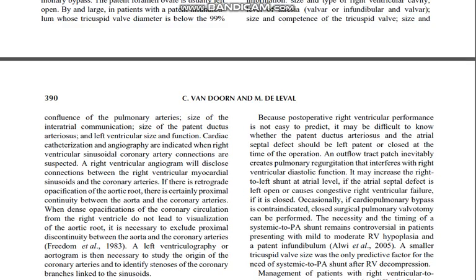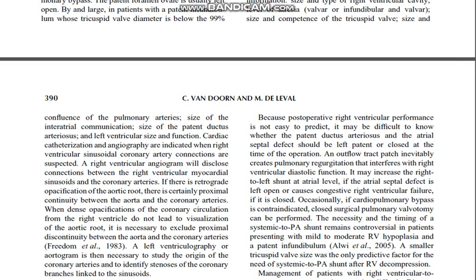Cardiac catheterization and angiography are indicated when right ventricular sinusoidal coronary artery connections are suspected. A right ventricular angiogram will disclose connections between the right ventricular myocardial sinusoids and the coronary arteries. If there is retrograde opacification of the aortic root, there is certainly proximal continuity between the aorta and the coronary arteries.